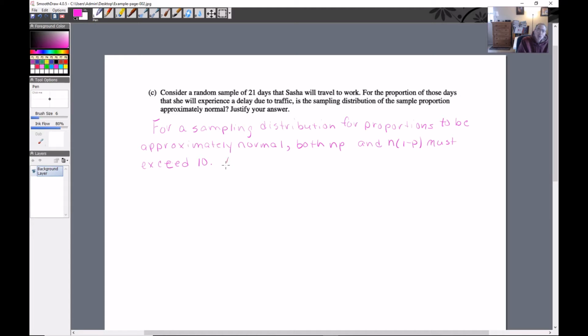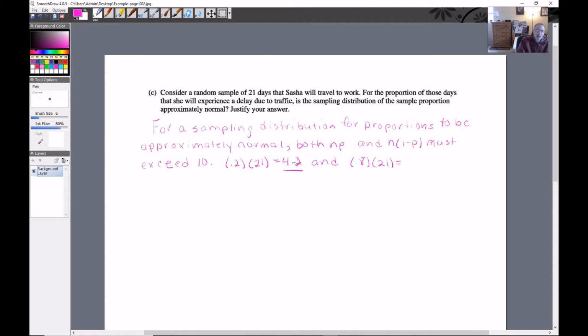Well, when you do the work, 0.2 times 21 equals 4.2. Whoops, that's way below 10. All right, but I just went ahead and did sort of a complete job. So then it would be 0.8 times 21. And the two have to add up to 21.